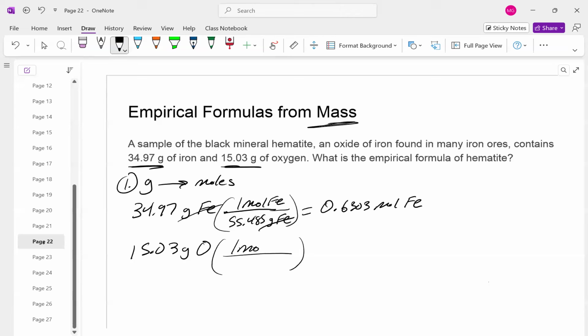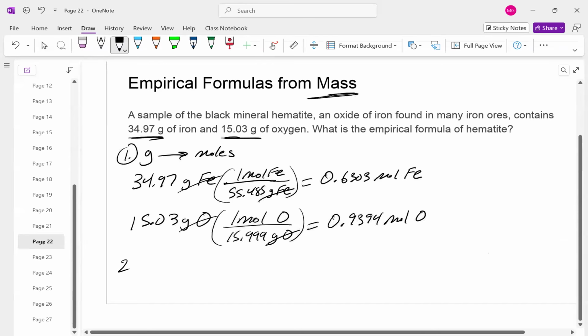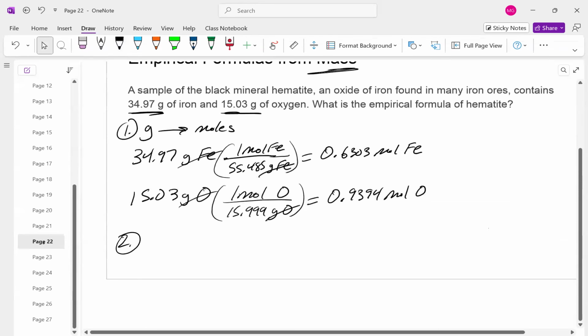Again, I'm getting this information right from the periodic table. Hopefully this should be second nature to you. You go right to your periodic table. And that comes out to 0.9394 moles of oxygen. And then I'm going to do the same thing I did before.